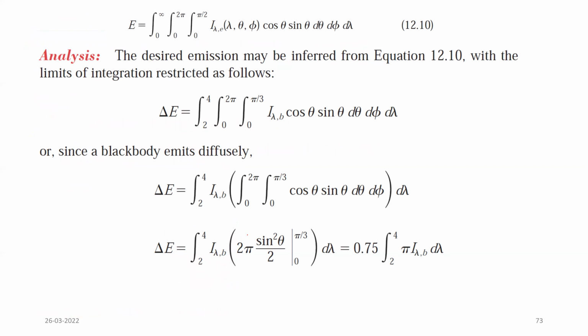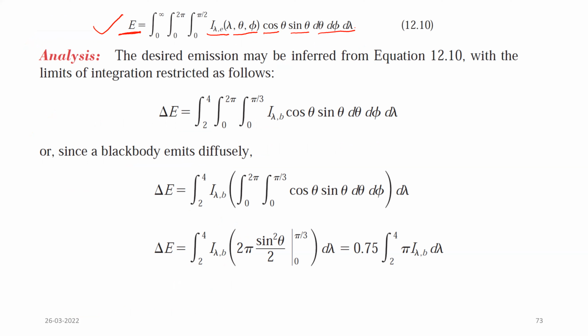Now here one important thing is that this equation should be known to us: the total emission will be equal to the integral of I lambda E, which is a function of lambda, theta and phi, times cos theta, sin theta, d theta, d phi, d lambda.